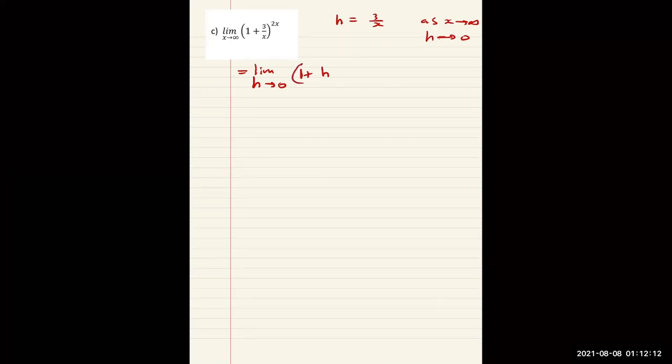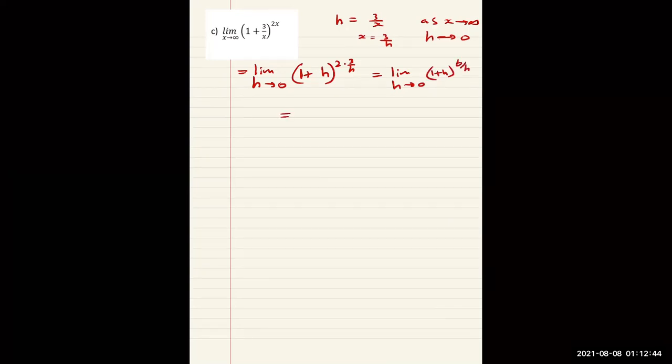Something interesting is happening here. 2 times x: if you isolate x from this, you get x equal to 3 over h, right? So let me replace this x by 3 over h. 2 times 3 over h, which will be equal to the limit as h goes to 0 of 1 plus h to the power 6 over h.